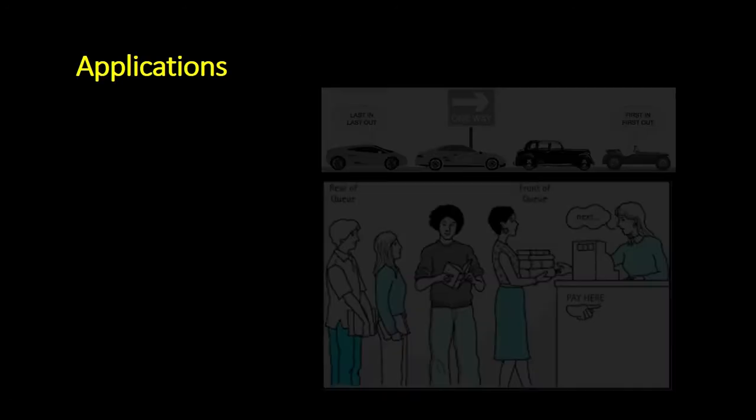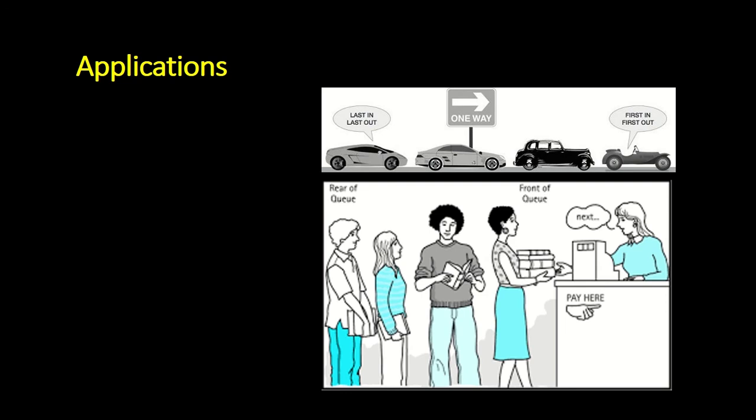Alright. So applications of queue, just like the cars outside when there's traffic, it follows a first in first out principle. Whichever car was the first to stop at the line, then when the traffic light goes green, he will also be the first to move out of the road.